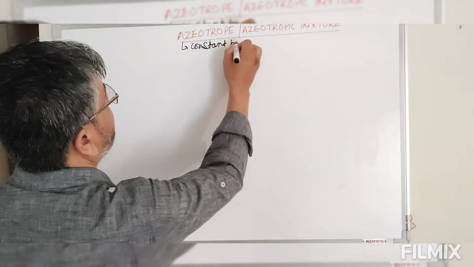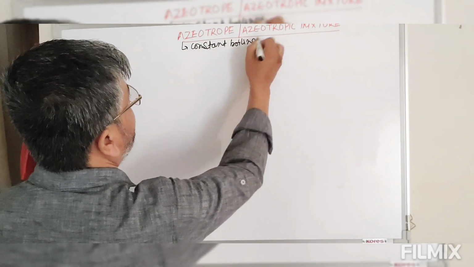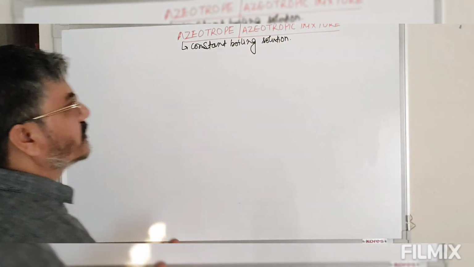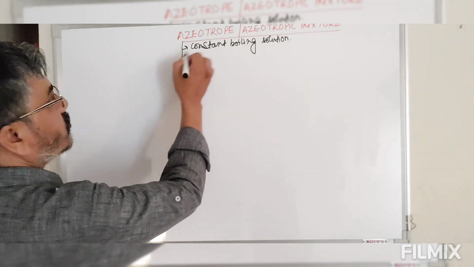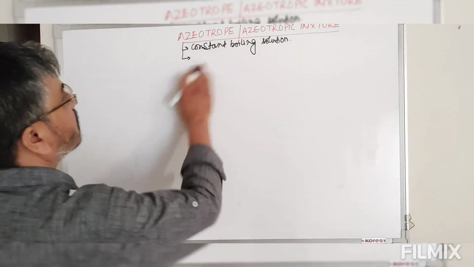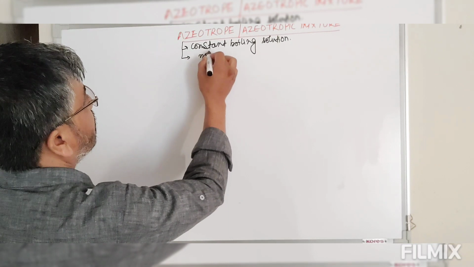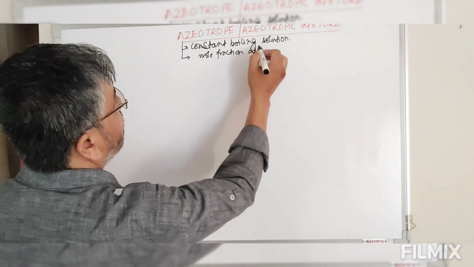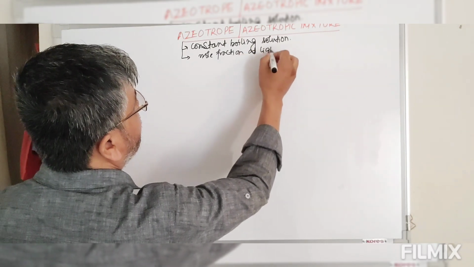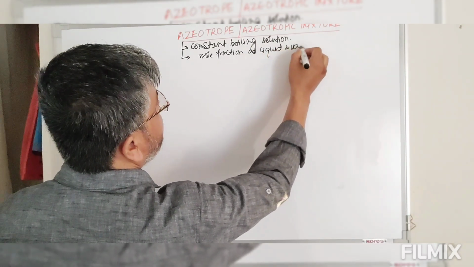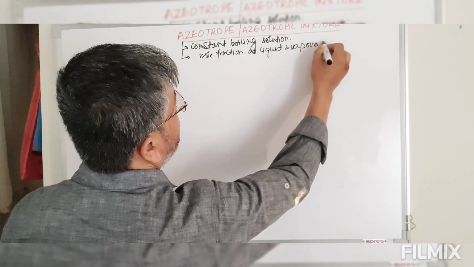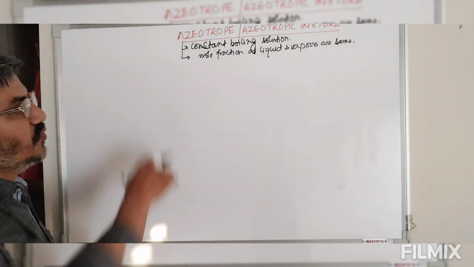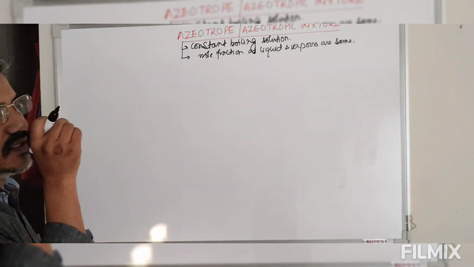Constant boiling solution. Now for this azeotropic composition, the mole fractions in liquid and vapor are the same. Their compositions are exactly the same at that point.